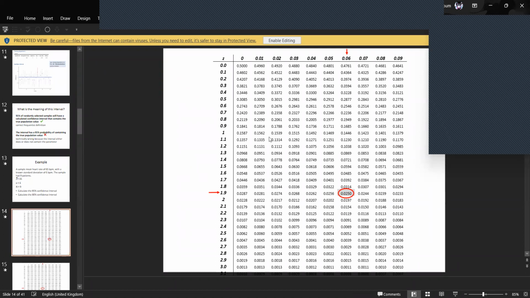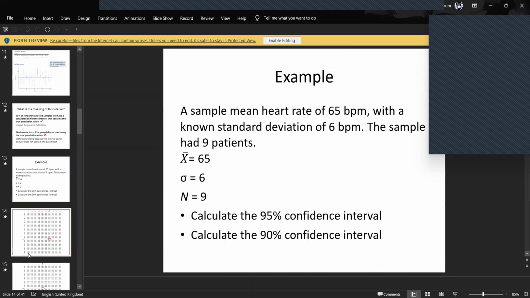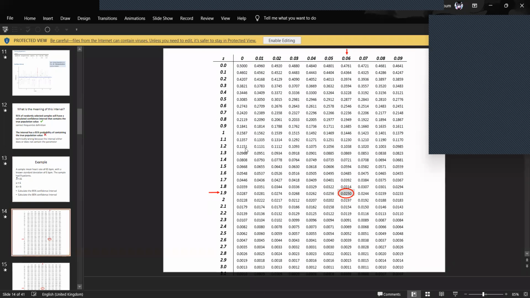Okay. So to find the 95% confidence interval, it would mean that you would have 5% outside, or 2.5% on either side for the two-tailed test. Or basically, you can just spare yourself the hassle and memorize that 95% is 1.96, and spare yourself all the details.